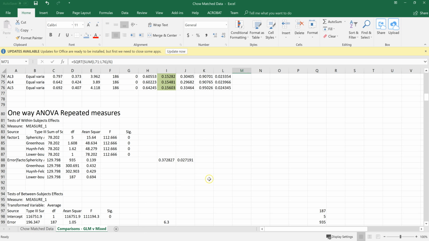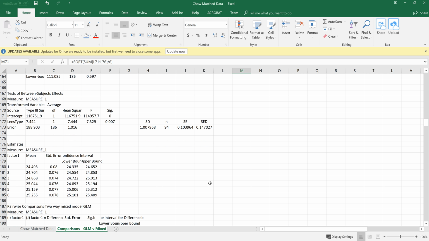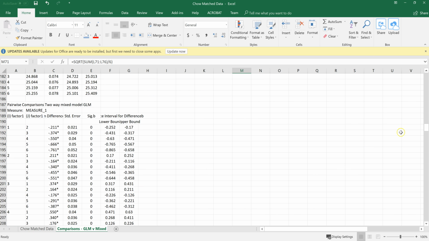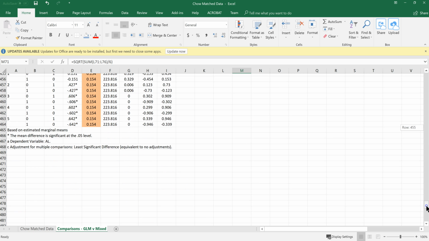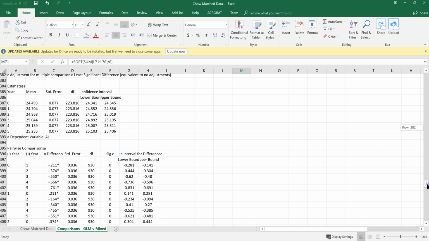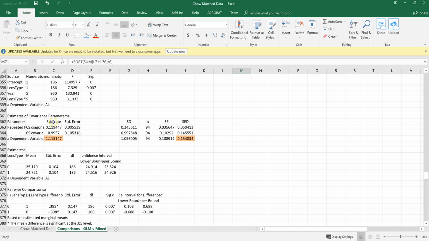We used the square root of the covariance term, but here, there it is. Rather than the square root of this term like we would do if there were no repeated measures, we use this term when we're comparing between groups the simple effects of whether there is a lens effect for each year.